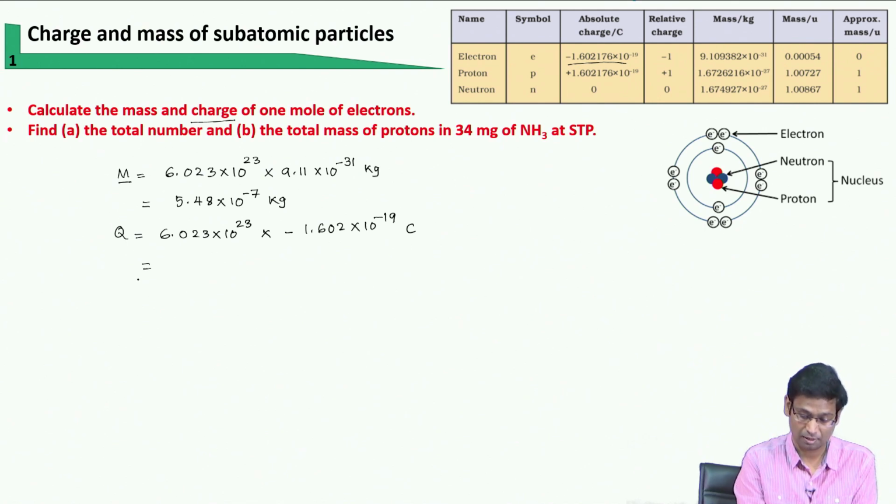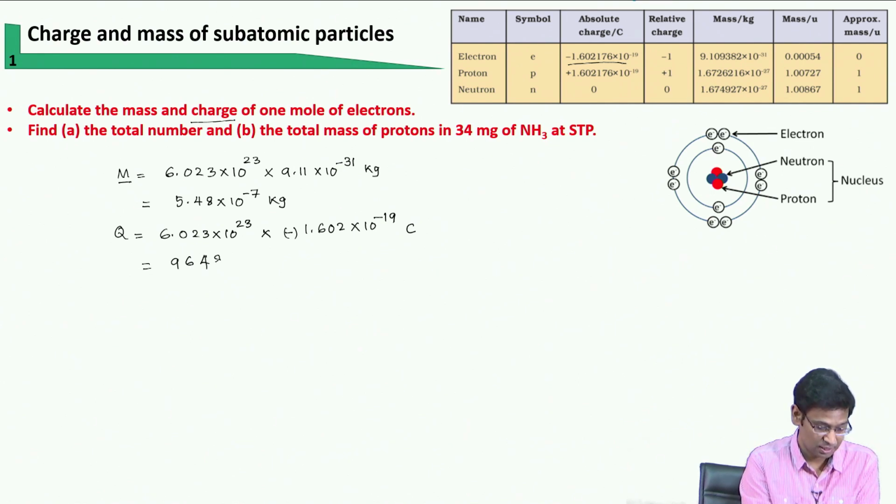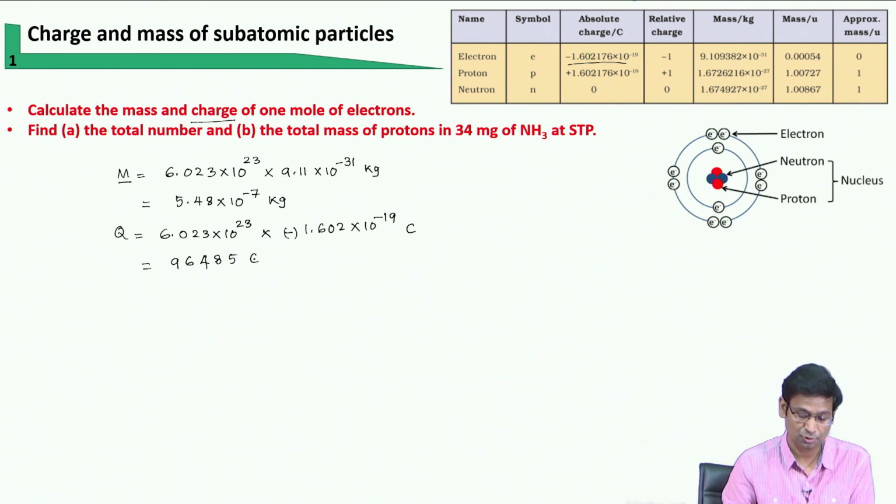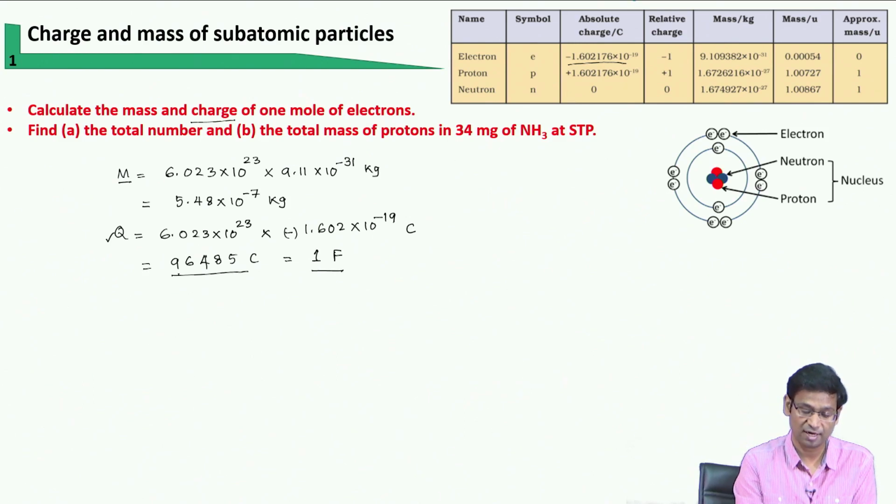This minus sign should remind you that the electron is a negatively charged particle. When you do this number crunching, you get one important number, 96,485 coulomb, which has a common name, 1 Faraday. You would use this when you learn more about electrochemistry. So the charge on 1 mole of electrons is 1 Faraday, or this number that you are having. So this is the first question.